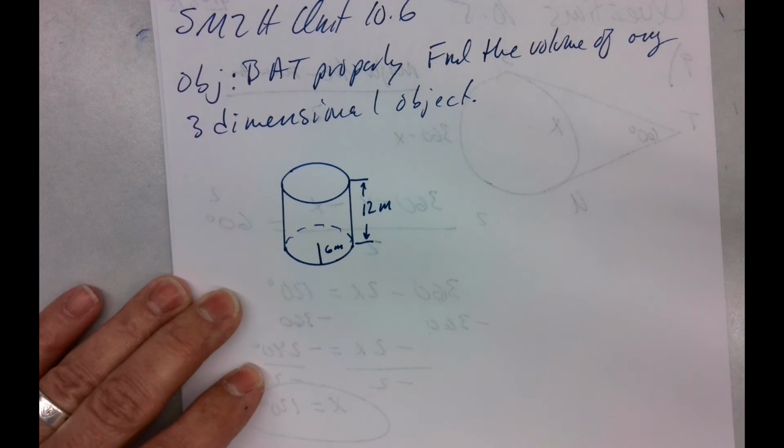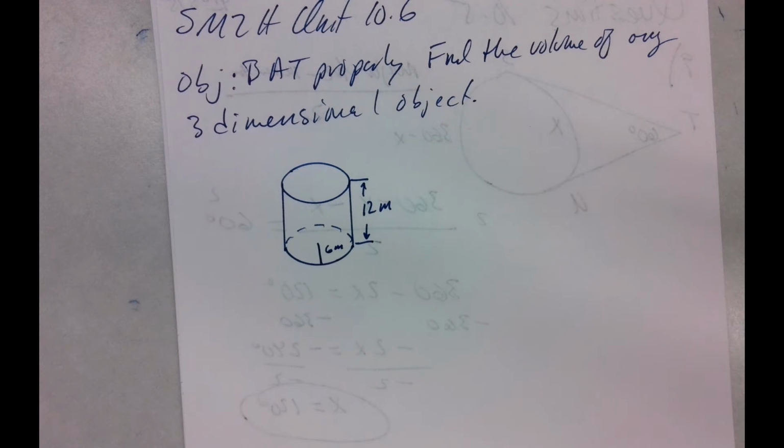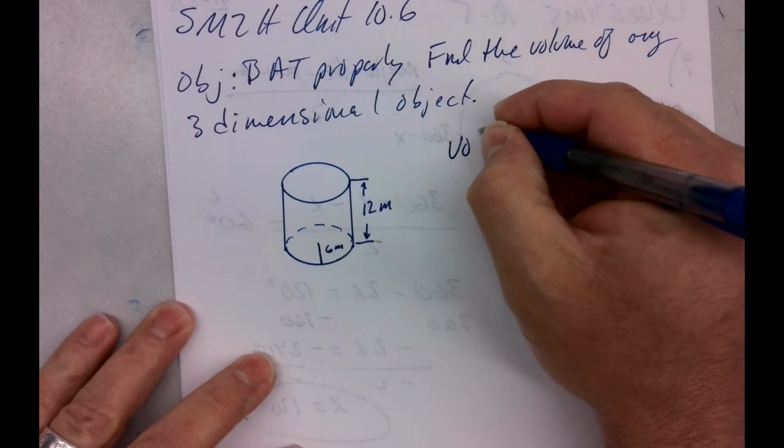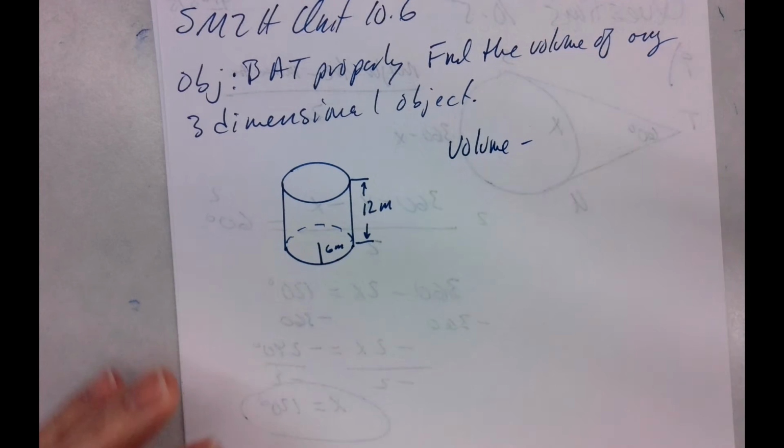Alrighty, now they're going to give you something like this, and they are going to ask you to find its volume. Now, again, on your computer is a formula sheet that gives you the way to find the volume, right?